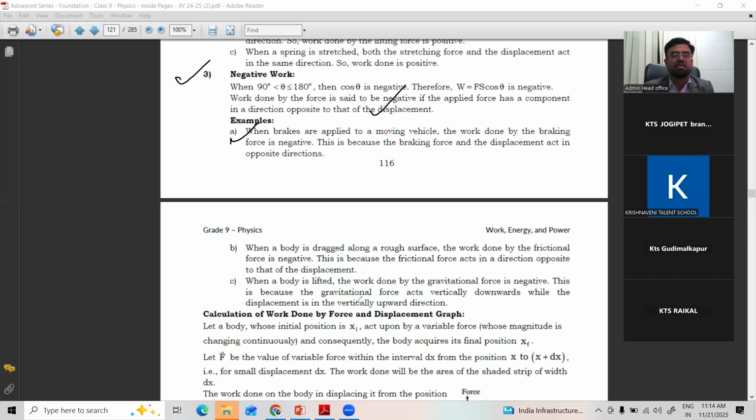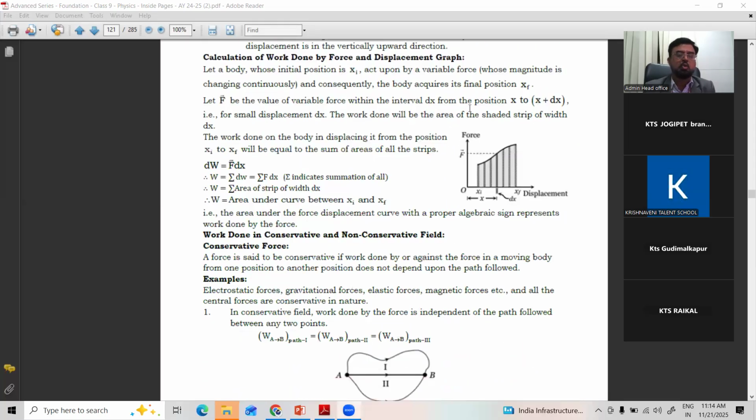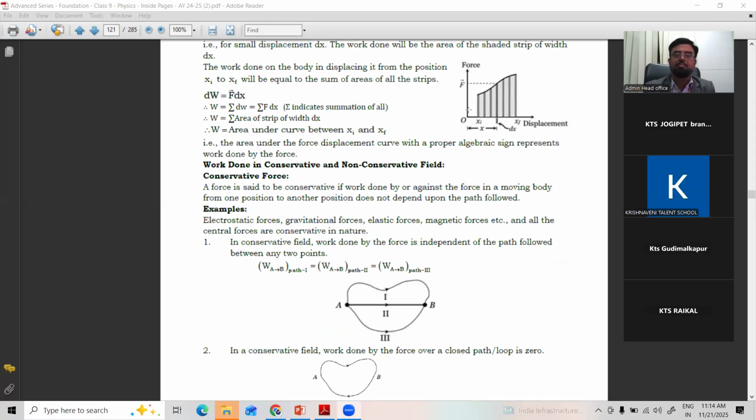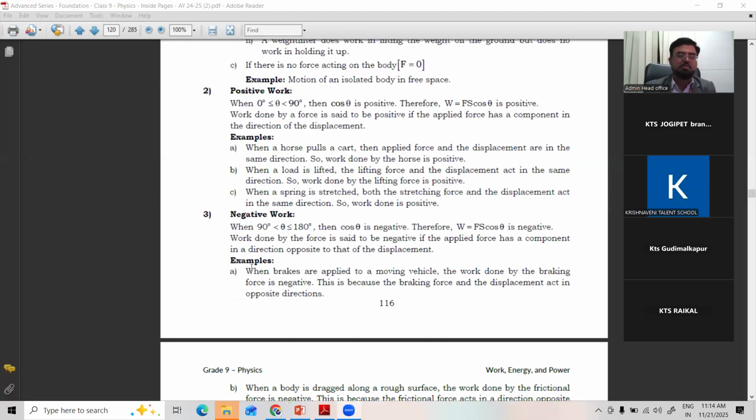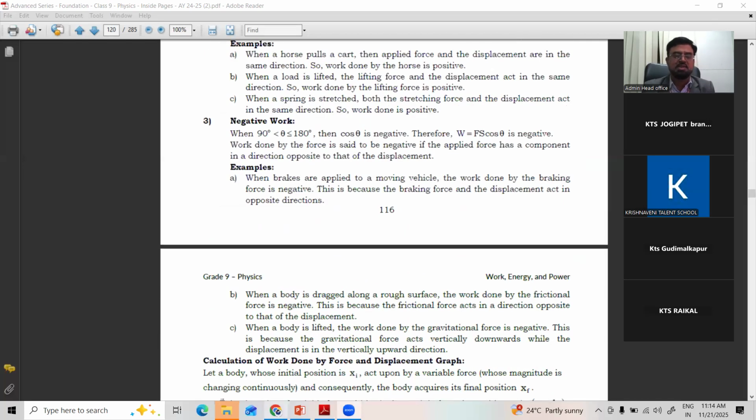When a body is lifted, the work done by the gravitational force is negative because gravitational force acts downward while the body is going upward. All these are examples of negative work. So what we have seen is that three types of work done are possible: positive work, negative work, and zero work.